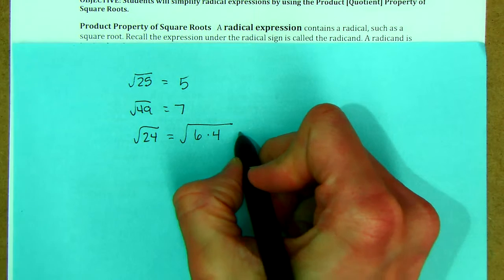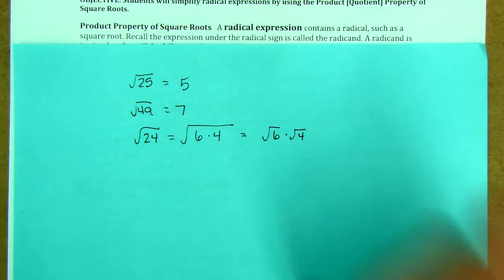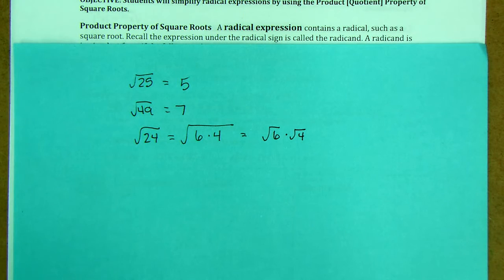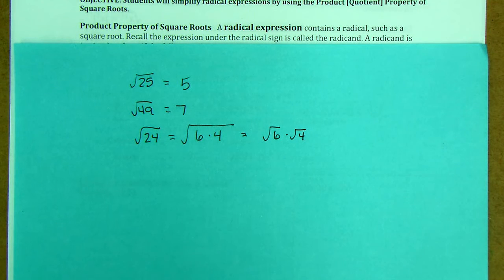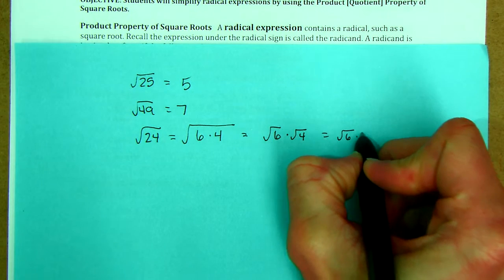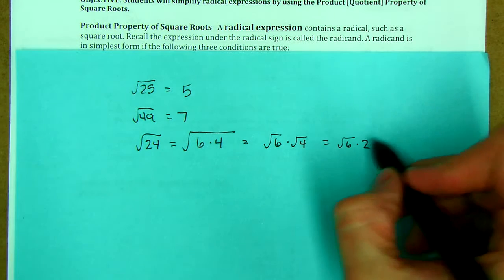This is the same thing, whether you write them together in the radical or out as separate radical signs. So now when I take the square root of 4, I can do that because it is a perfect square. It is 2. This is 2 times the square root of 6, and typically we want that coefficient in front, so we write it as 2 times the square root of 6, and that is simplified.